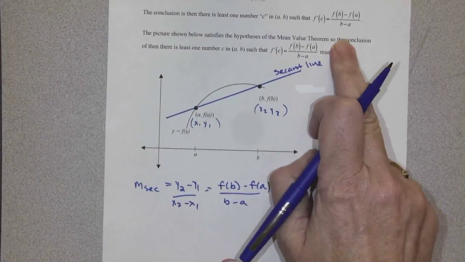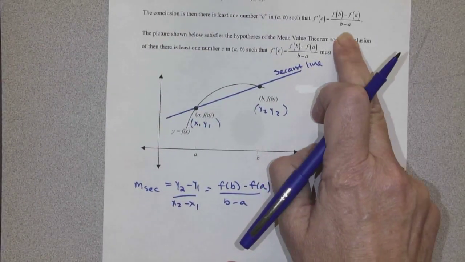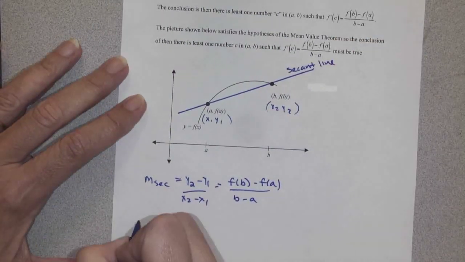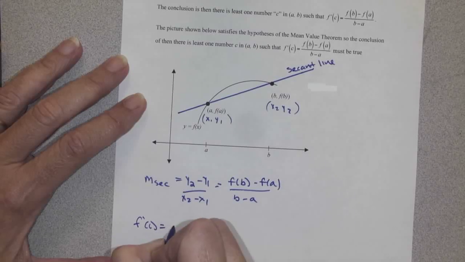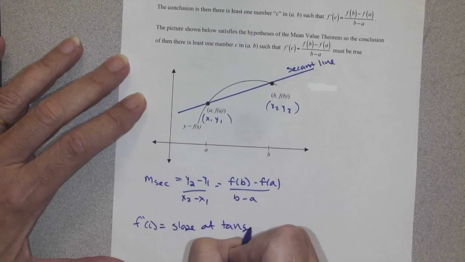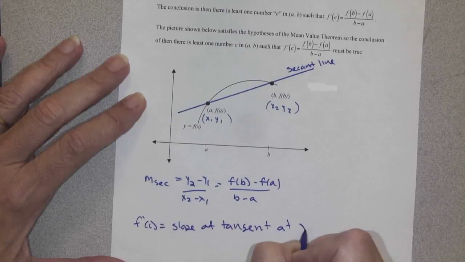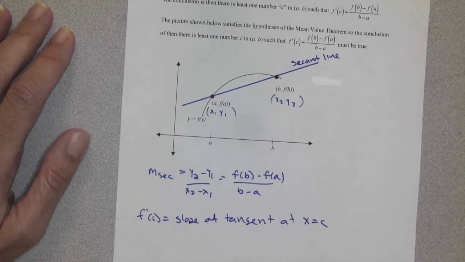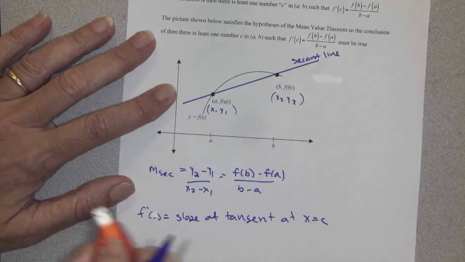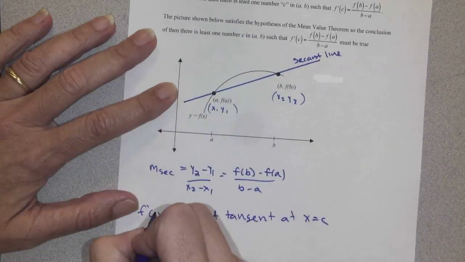So that's the second half of the conclusion here. Now if I look at it, remember f prime of c equals the slope of the tangent line at x equals c. That's one of the main interpretations of the derivative, that it gives you the slope of the tangent line.